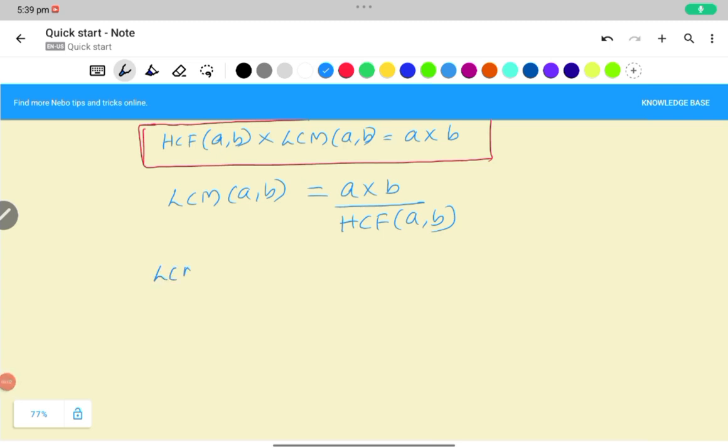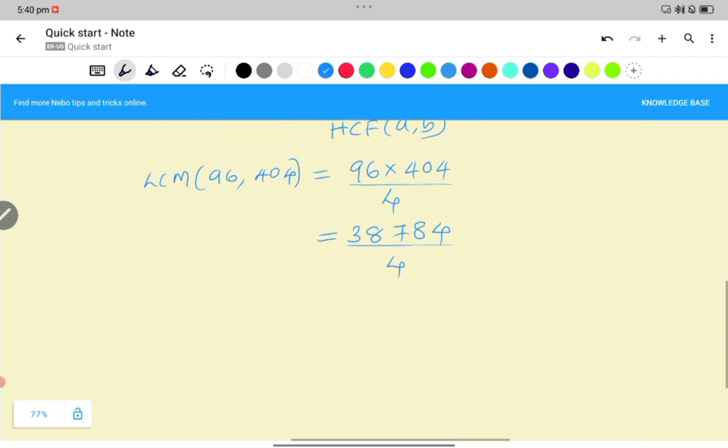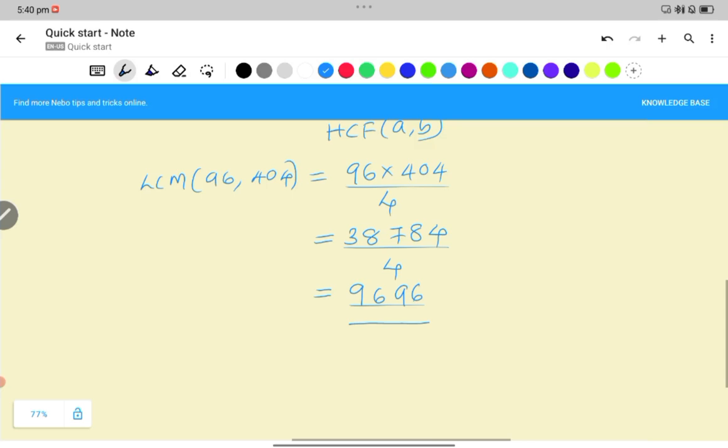Therefore, LCM of 96 and 404 is equal to 96 into 404 divided by the HCF we got, 4, which is equal to 38,784 divided by 4, which is equal to 9,696. So the LCM of 96 and 404 is equal to 9,696.